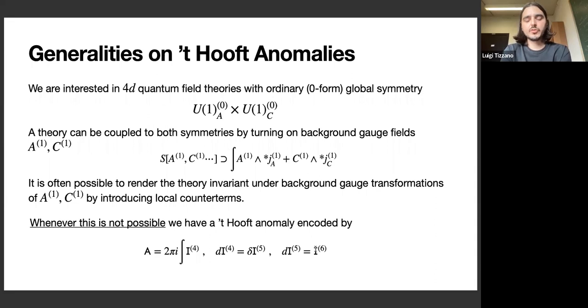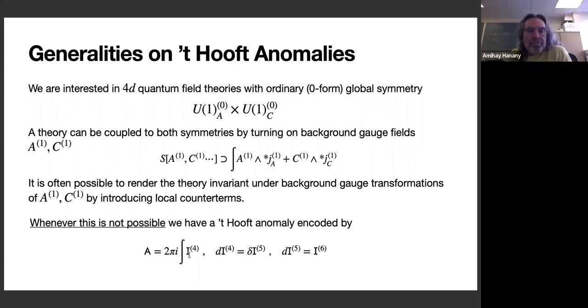And then it can be written as the total derivative of a 5-form functional that in this case takes the form of a Chern-Simons term in 5 dimensions. And both these 2 functionals, I_5 and I_6, by the descent procedure, are related to the anomaly functional A, which is expressed in this way. And the anomaly functional A, in addition to being dependent on the background fields A and C, also depends possibly on their gauge variation.